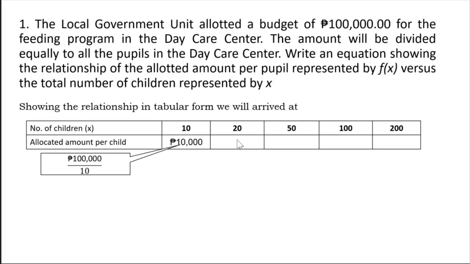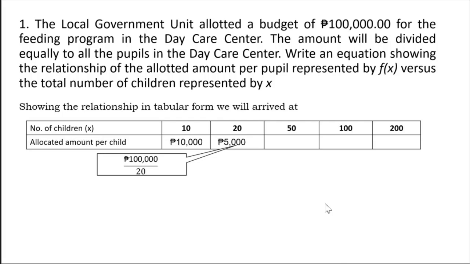How about if we have 20 pupils or 20 children? 100,000 divided by 20 equals 5,000. Same with 50 children or 50 pupils: 100,000 divided by 50, we have 2,000. For 100 pupils, 1,000, and for 200 we have 500 pesos.